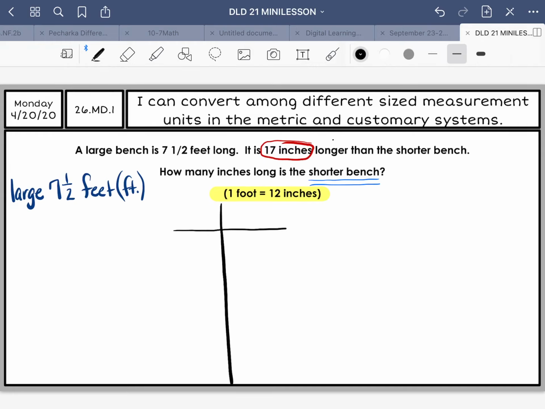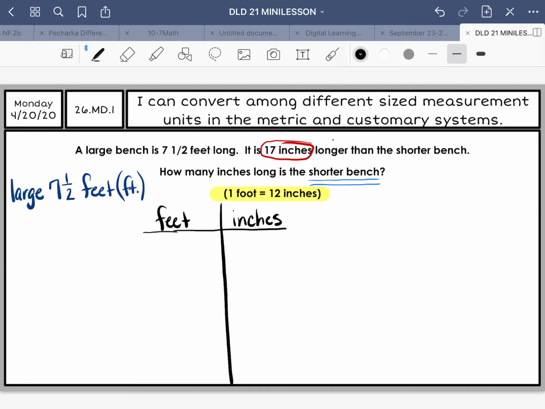So I'm going to make my T-chart right here. I made this T-chart so that I have a place to put my information. I'm going to label this chart because whenever we draw any charts, we always make sure we label. I'm going to label the left side with feet and the right side inches.